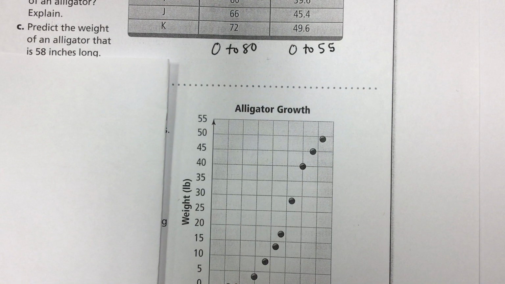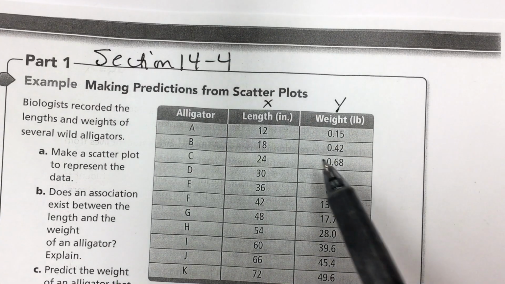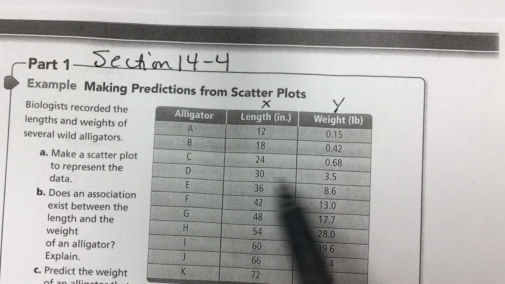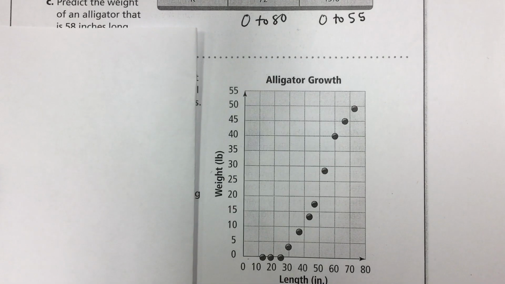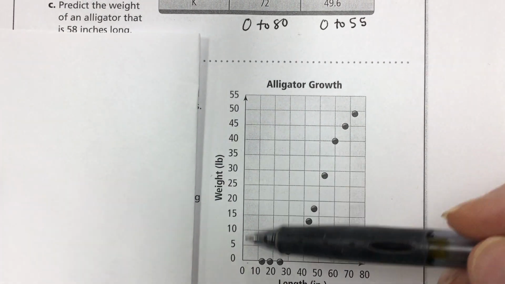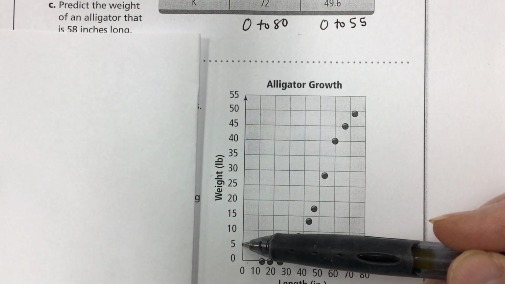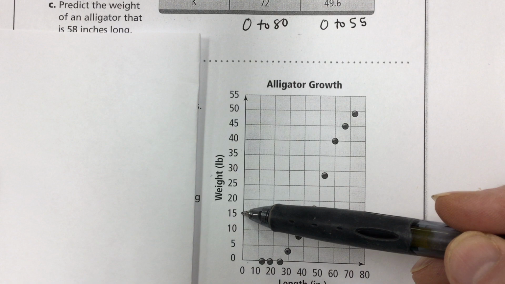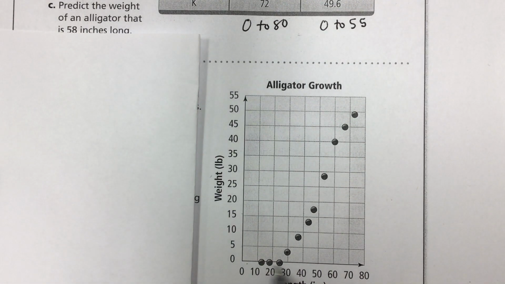All right, so plotting every one of those points, let's look at one, maybe 30, 3.5. If we go to the right 30 and up 3.5, somewhere right here. The vertical scale had increments of 5, 10, 15. The horizontal axis had increments of 10.